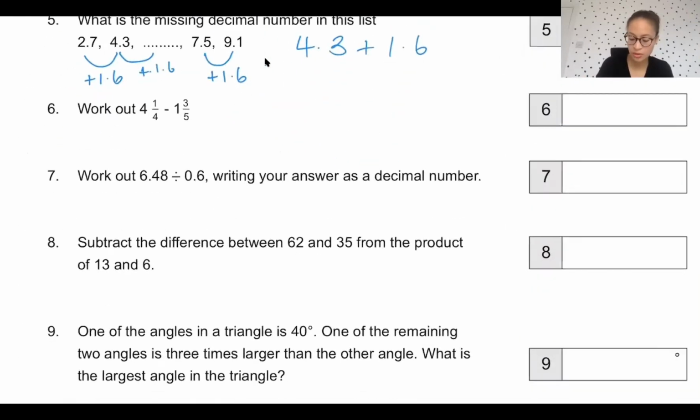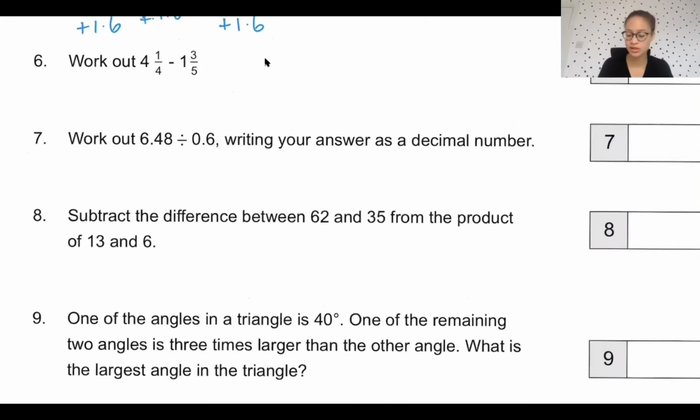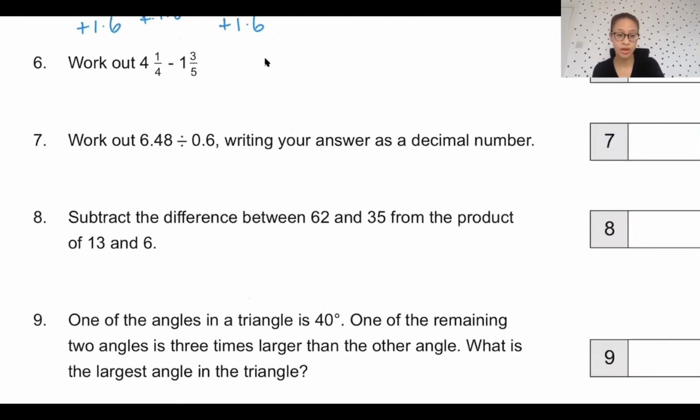Okay, so number 6 is tricky. Now this doesn't, subtraction of fractions doesn't come up in every 11 plus exam. It's only in certain syllabuses, or syllabi, I should say. So don't worry too much about this one, but what I would like everyone to be able to do is to turn both of these into improper fractions. So can you just tell me what those would be in chat as an improper fraction?